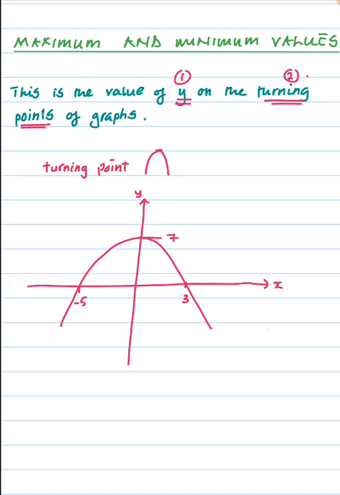So for this graph, you can see what the maximum value is, when y is equal to 7. So that's the maximum value. So the maximum value for the graph is 7.